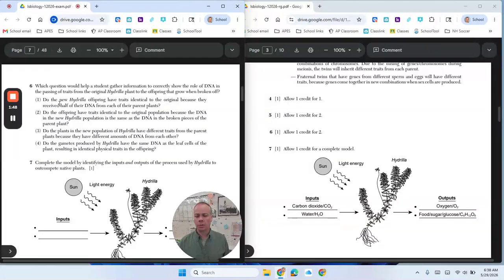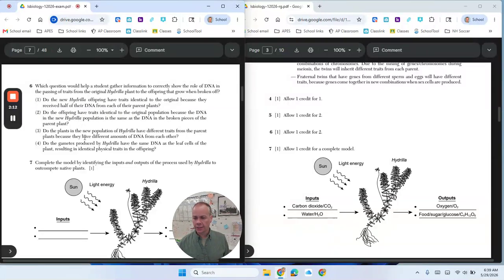If we look at number 2, do the offspring have traits identical to the original population because the DNA in the new hydrilla population is the same as the DNA in the broken pieces? Yes, that is correct. The DNA in those broken pieces is exactly the same as the other DNA in the other hydrilla cells. That would help a student understand the role of DNA.